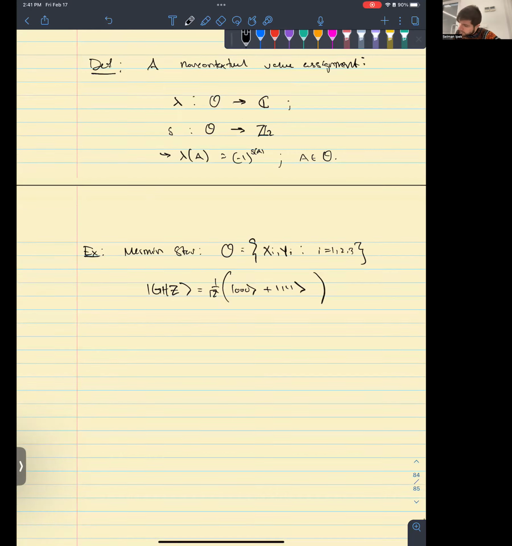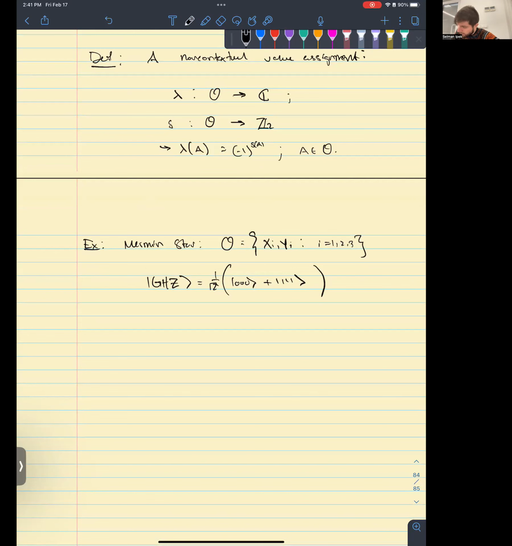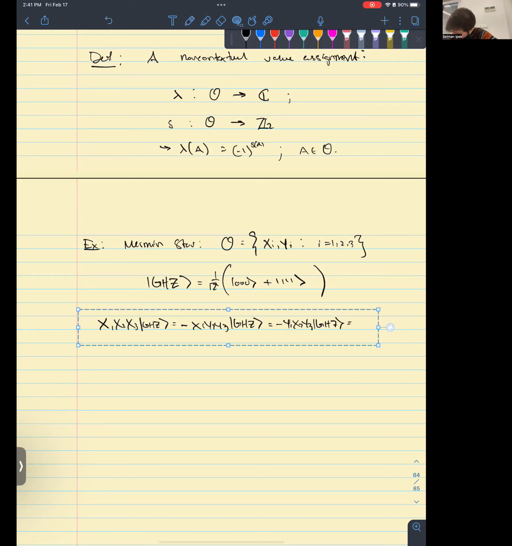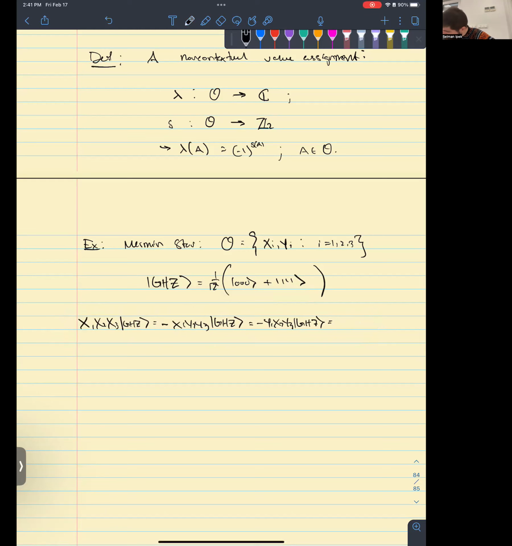And then you have these eigenvalue relationships: X1 X2 X3 GHZ is equal to minus X1 Y2 Y3 GHZ, equals minus Y1 X2 Y3 GHZ, equals minus Y1 Y2 X3 GHZ.